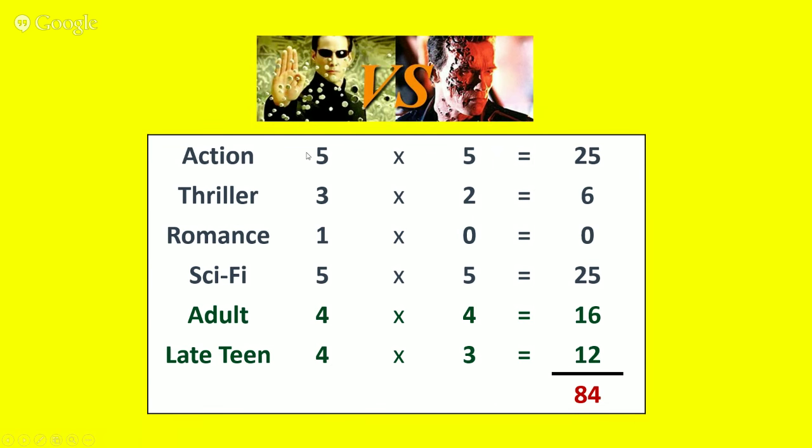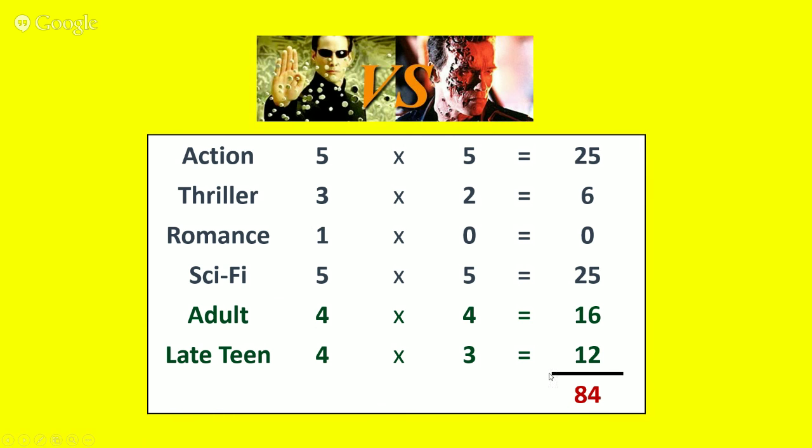The Matrix has a 5 for action, and so does the Terminator. So 5 by 5 is 25. Thriller: the Matrix is 3 out of 5 for thriller, and the Terminator is 2, so that gives us 6. And we multiply all these things, and this is how we end up with that number 84.